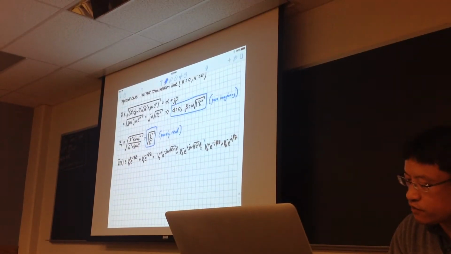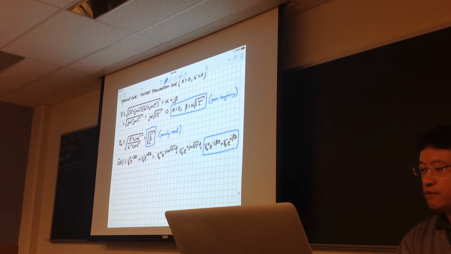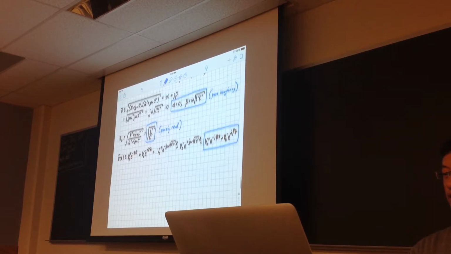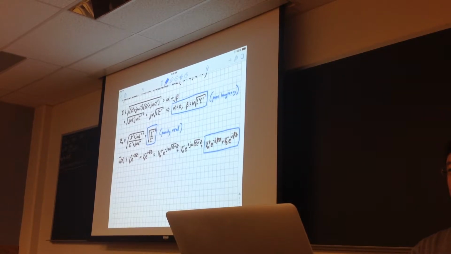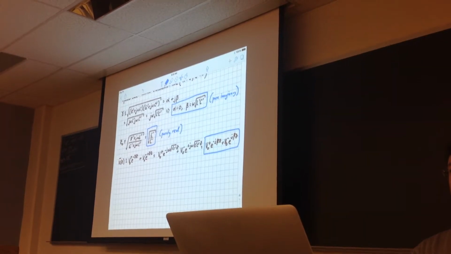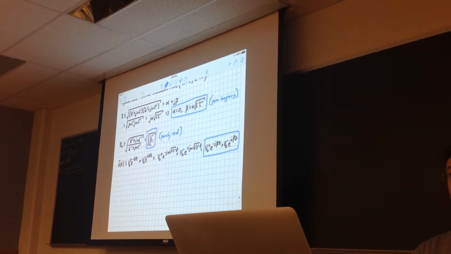So in this description of the voltage, we have an explicit pure imaginary in the exponential.